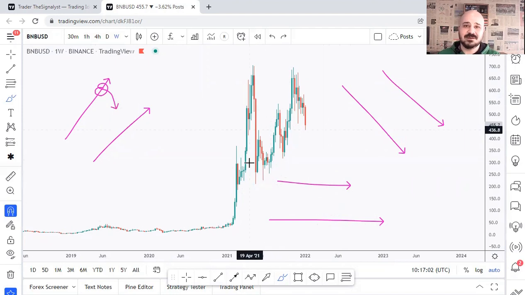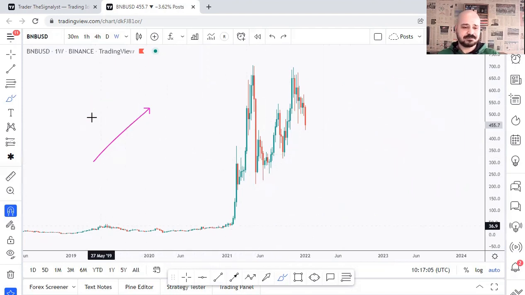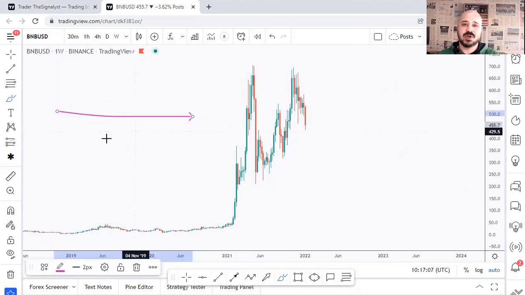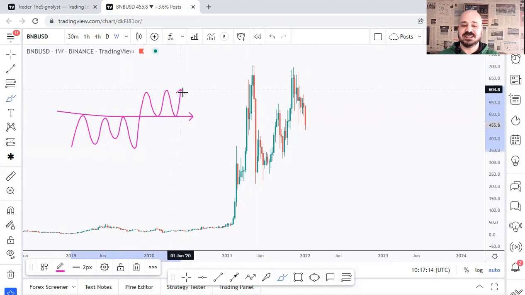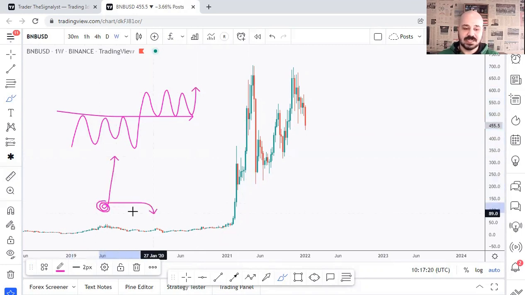So we've got three types of rejections. We've got our typical support and resistance, which is a horizontal one, where we see many failed attempts to break above or below a certain area or level. The second key rejection area is a supply or demand zone. If we have an aggressive movement upward, this is called a demand zone, and as price approaches it again, we'll be looking for buy setups.